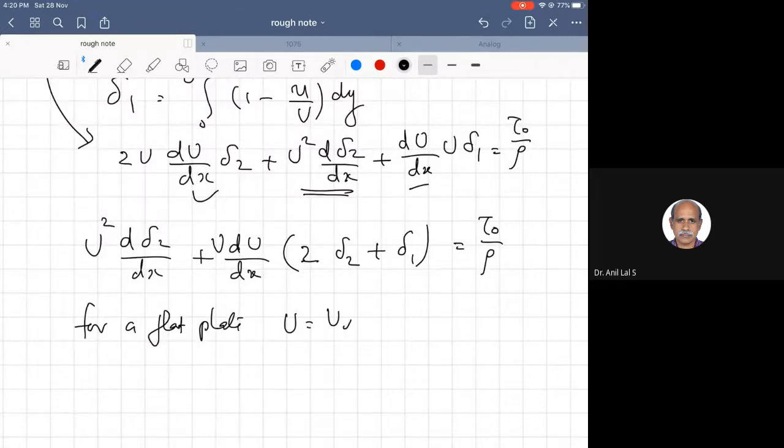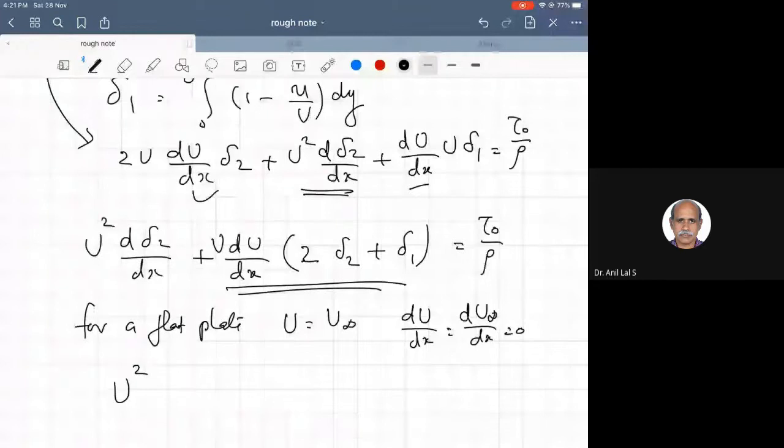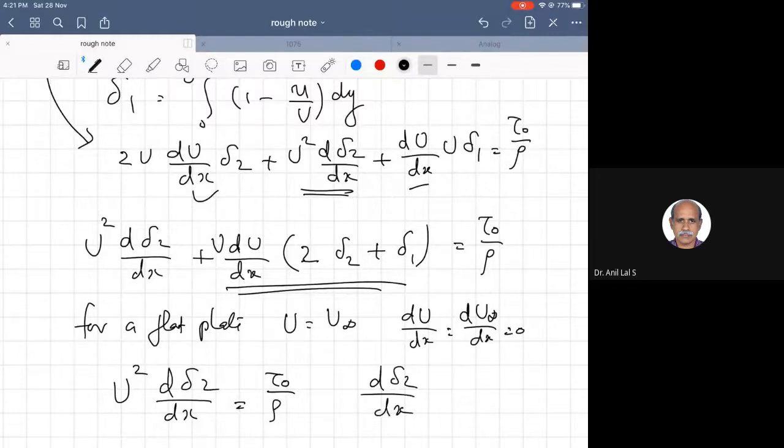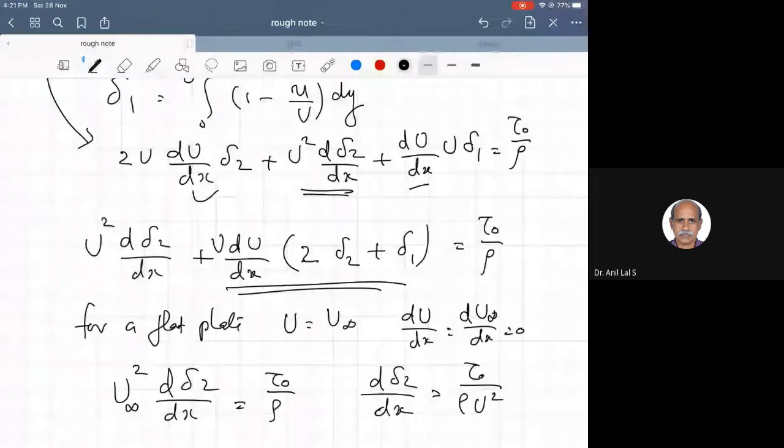For a flat plate, capital U is equal to U infinity, a constant. So dU by dx is equal to dU infinity by dx, which is equal to 0, and this entire thing will vanish. So we get U squared d delta 2 by dx equals tau naught by rho, or d delta 2 by dx, the derivative of the momentum thickness along the x direction, is equal to tau naught by rho U squared, where U can be written as U infinity.